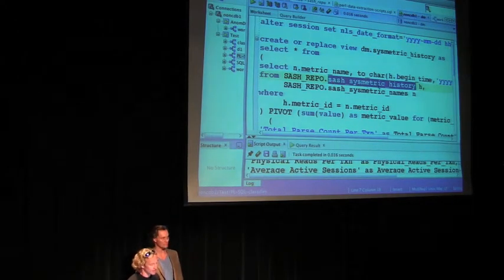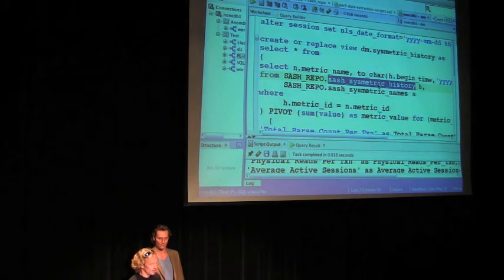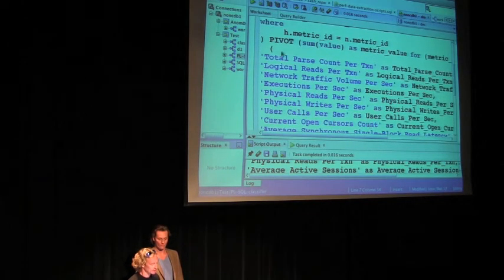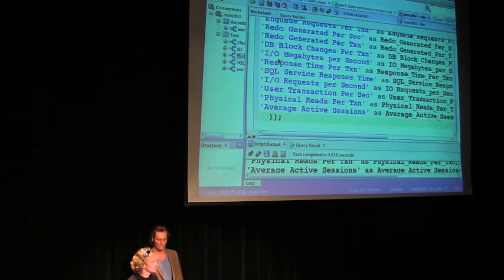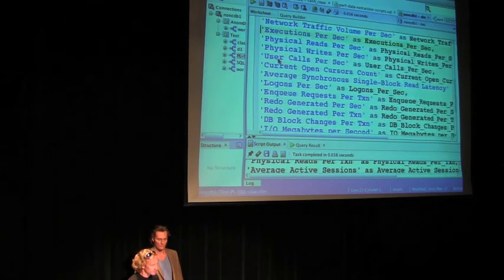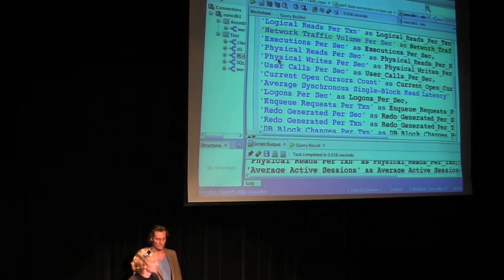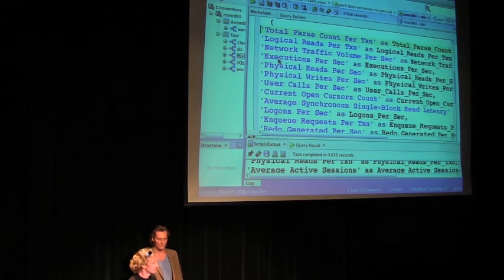It takes 90-second snapshots of some of the common system metrics: total parse count per transaction, logical reads per transaction, network traffic per second, and so on. There are maybe a couple dozen of those. I collected about 36,000 of those in 30 days at 90-second intervals, and we worked with this data a little bit with Alex to show some of the ways to use it.